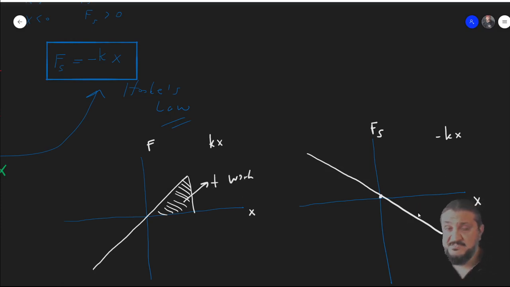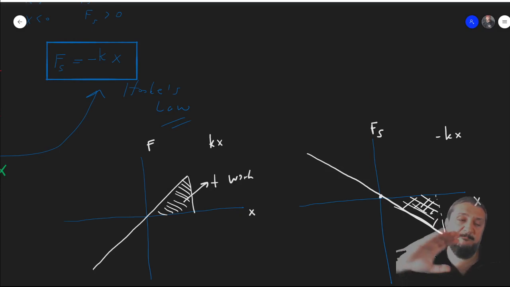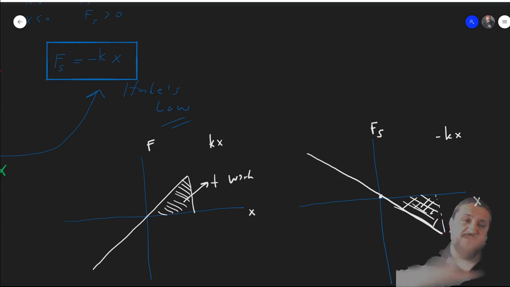But what happens to the spring? See, it's an area under that line. All right, so the spring is doing negative work. Think about this. Let's say the spring is already compressed. I'm holding it there.